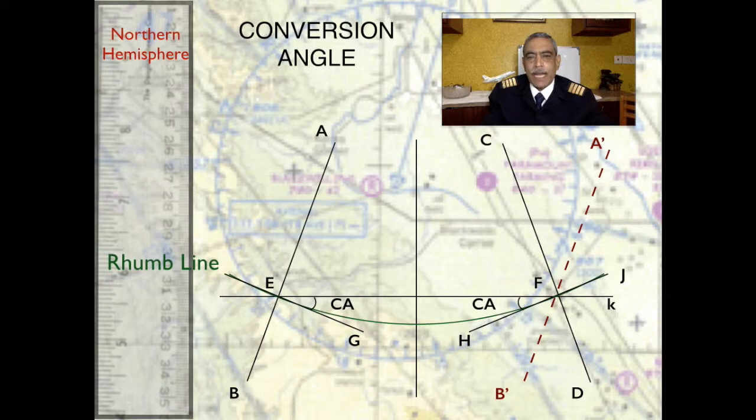That is the conversion angle, the Rhumb line track, and the great circle track. Once again, EF is the great circle track and a Rhumb line track which cuts these two meridians AB and CD at equal angles, and FEG and EFH are the conversion angles.